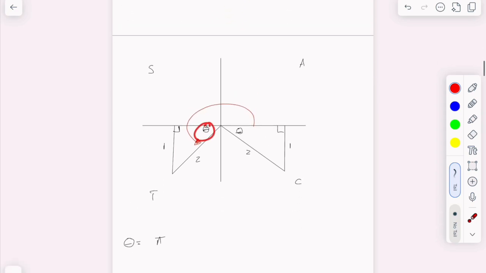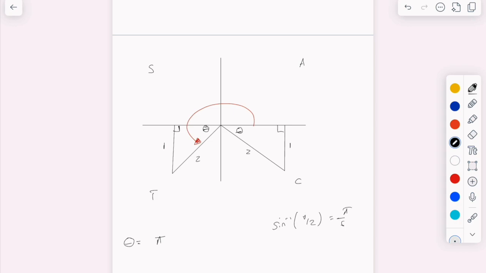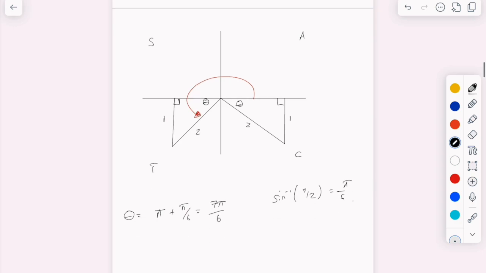Well, sine inverse of a half, just normally, is equal to pi over 6. So you've got pi plus pi over 6, which equals 7 pi over 6.